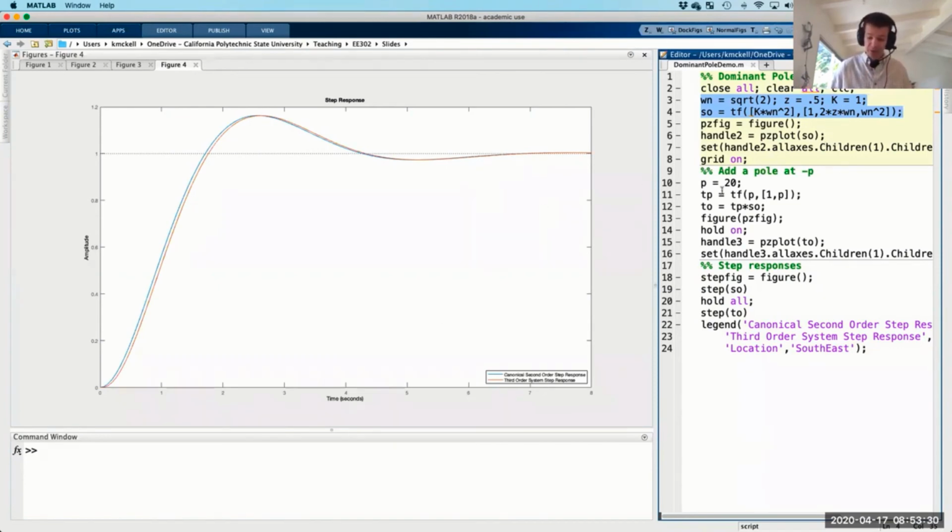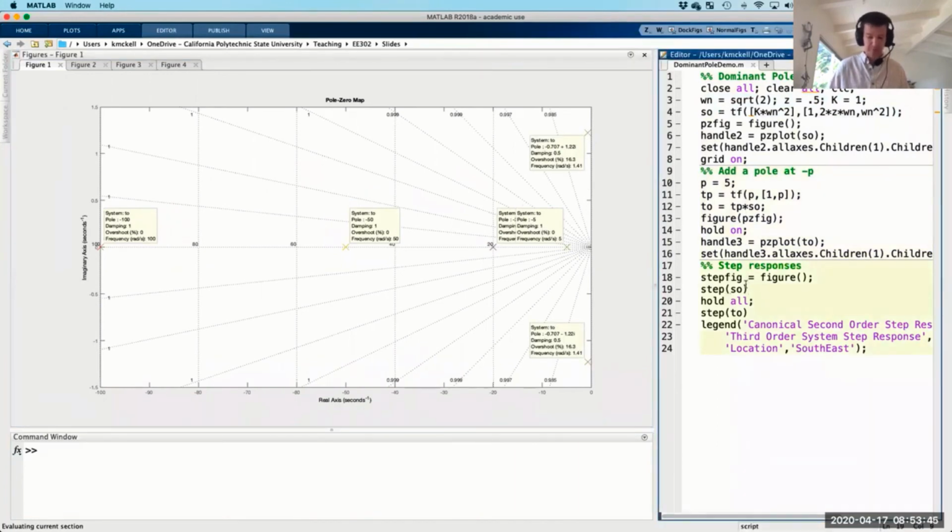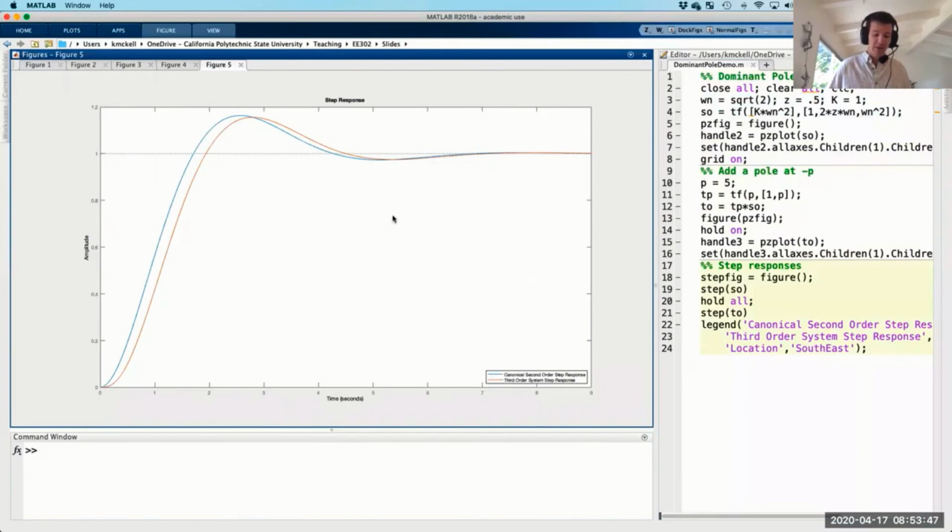Okay, so one more go. Let's move this to 5. Here is the third pole, and here are our conjugate poles. Let's run the step response. Here even I, who love to make approximations, have to admit that something's fishy.